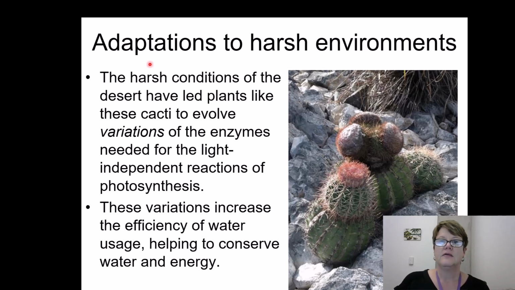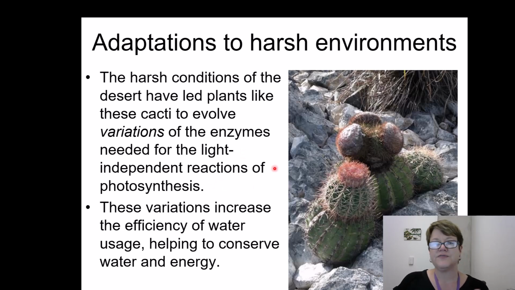But there are plenty of plants that have adapted the Calvin cycle to particular environmental pressures, and they have evolved different variations of the enzymes needed for the light independent reactions, the Calvin cycle. Some of them are variations in enzymes like rubisco. So in some plants, rubisco is not the main enzyme for carbon fixation, or at least it's not the first step of the reaction.